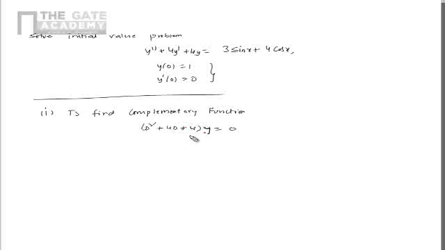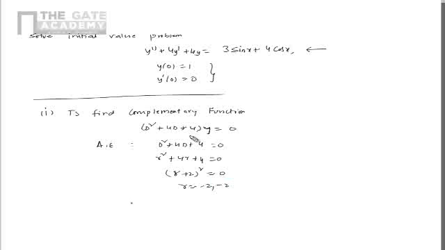This is the corresponding homogeneous equation, taking only the left hand side, and the auxiliary equation is D^2 + 4D + 4 = 0. If you put r in place of D, it is r^2 + 4r + 4 = 0. So I can straight away put it in this form, (r + 2)^2 = 0. So you have two equal roots which are minus 2.